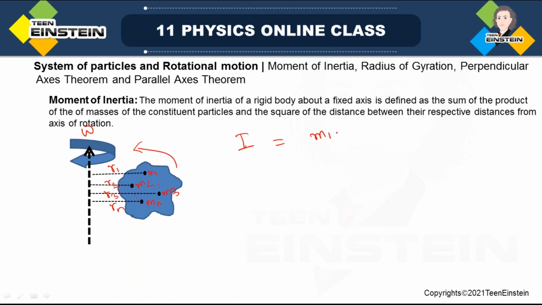If I take the mass m1, which has distance r1, I can write m1 r1 square. This is the product of the mass and the square of the distance from the rotation axis.